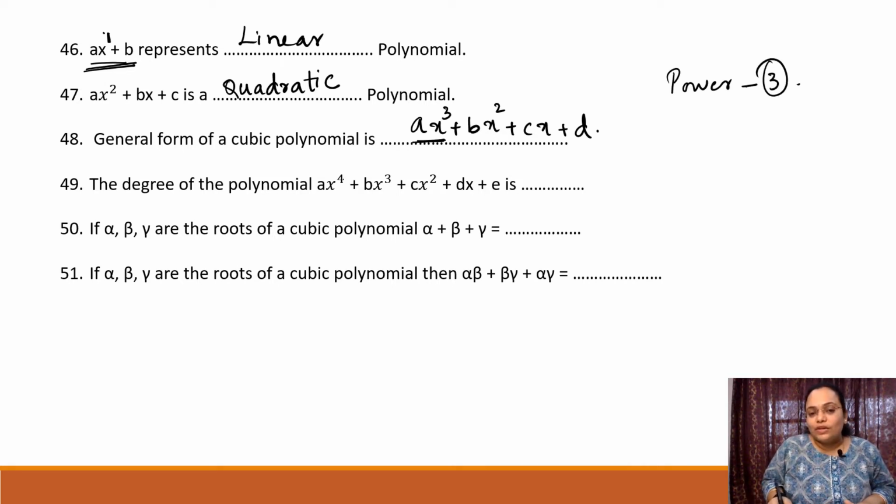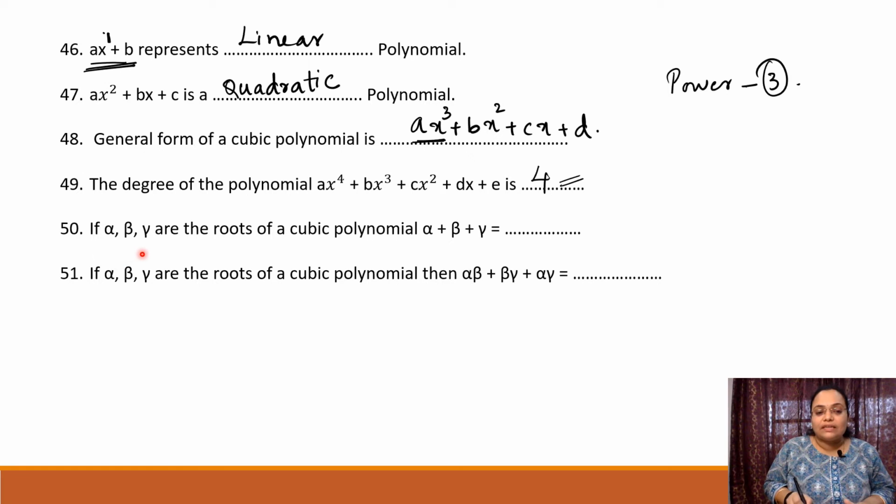So ax cube plus bx square plus cx plus d. The next one is the degree of the polynomial ax power 4 plus bx cube plus cx square plus dx plus e. If you see this one, it has the highest degree 4. So the degree of this polynomial will be 4.